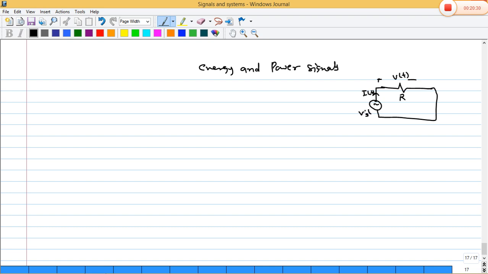Then what will be the power across the resistor? The instantaneous power will be what? v(t) times i(t), or v squared(t) by R, or i squared(t) into R.